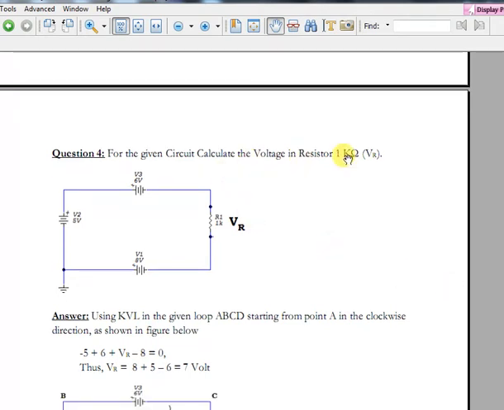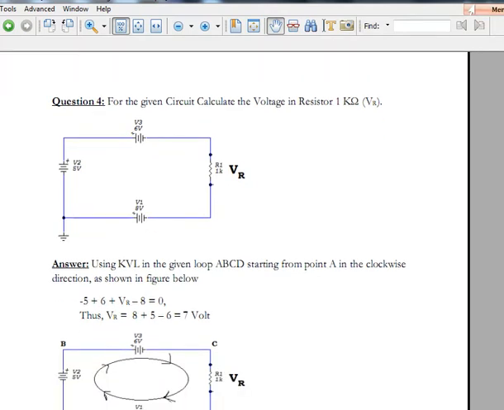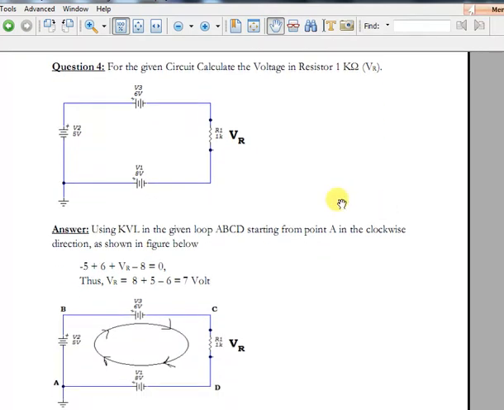For the given circuit, calculate the voltage across the 1 kilo ohm resistor. We have got 3 batteries and 1 resistor, and we have to find the voltage across this resistor. It is in fact a solution for Kirchhoff's voltage law. So in this case again, at first I have simplified it theoretically. I started from this point.